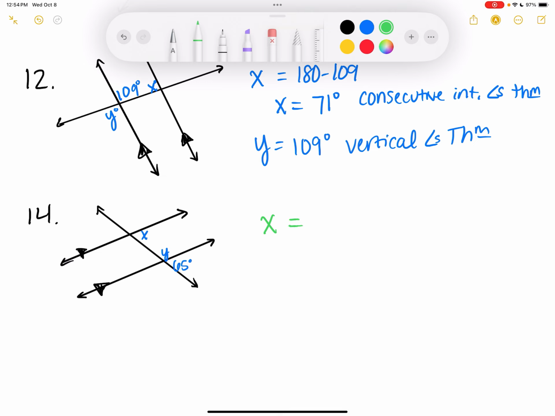What would x be? Maybe 65. 65, yep. And y? What is x and 65? Corresponding. Yep. Corresponding angles postulate.